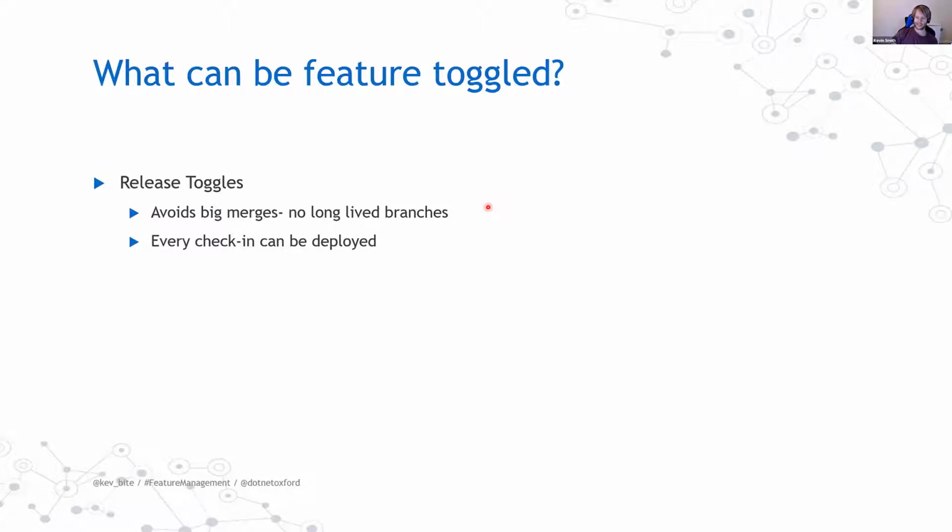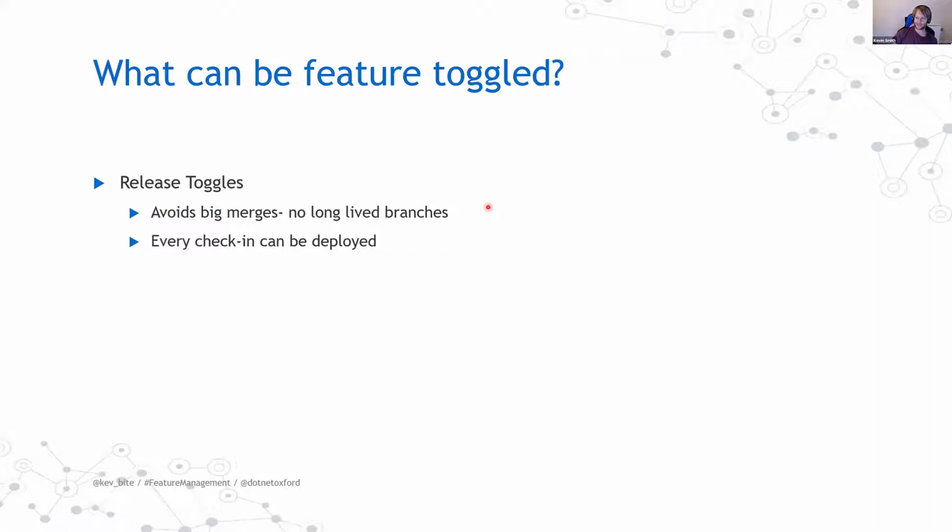Every time you check in, you can deploy that straight to live because you know it's not going to fail. This gives us a nice continuous integration pipeline where all our tests continue to run. And if our feature is breaking anything, even if it's hidden, we have the ability to fix that quickly and get back into a mainstream branch.